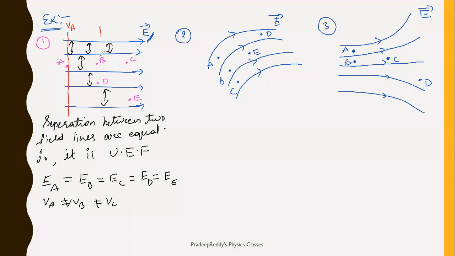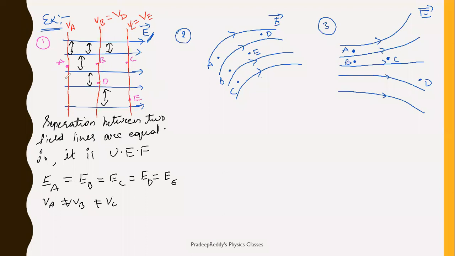Now come to this position B, right? This is VB, potential at point B, and this line is crossing with D also. B and D, it is cutting B and D. What does it mean? Potential at B will be equal to potential at D. Similarly, one vertical line you will draw from C, and that vertical line is also crossing E. Therefore, V at C is equal to V at E.